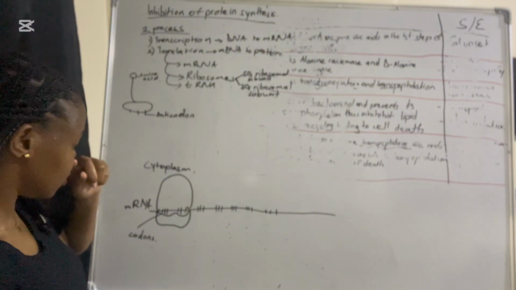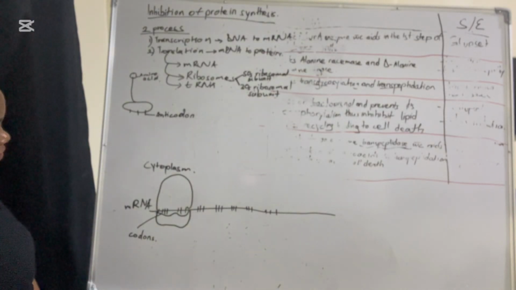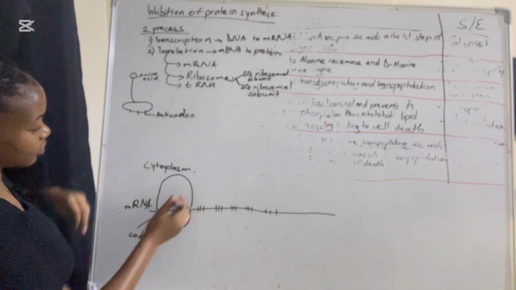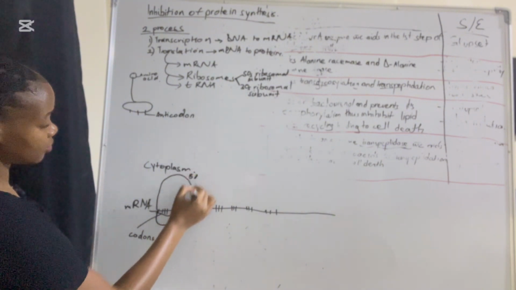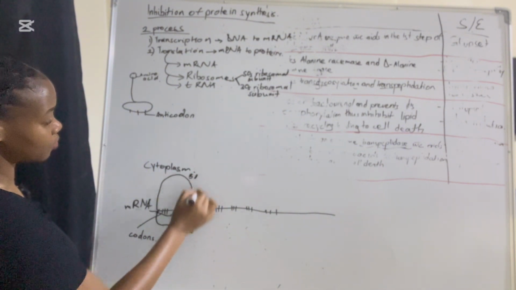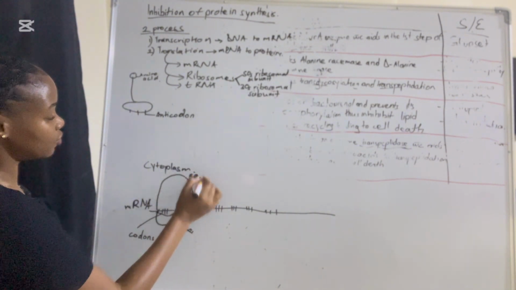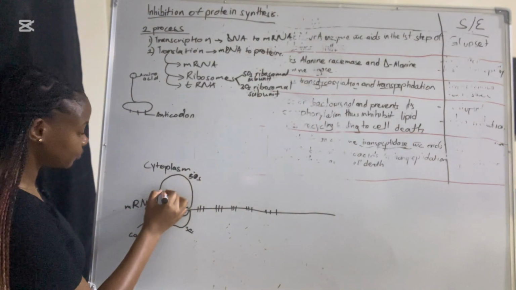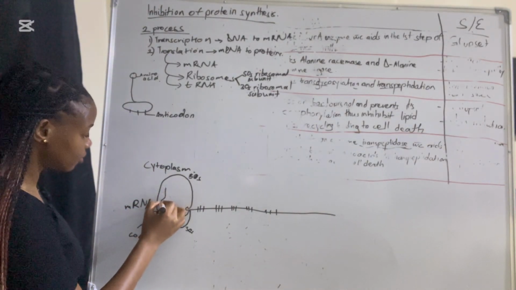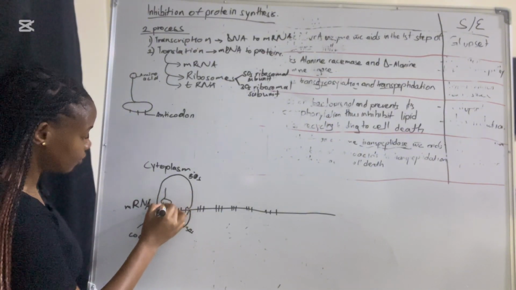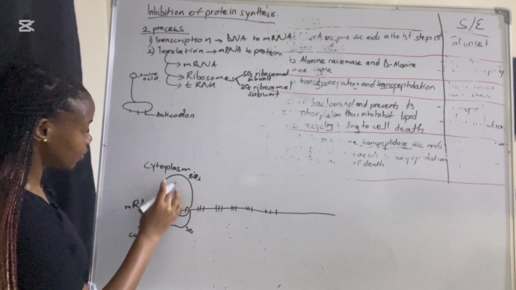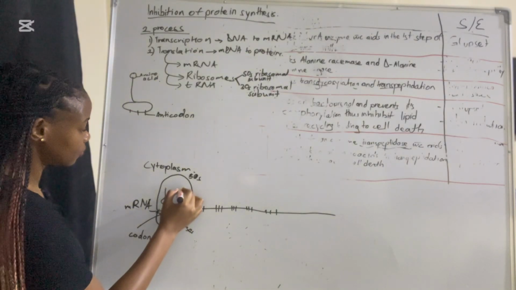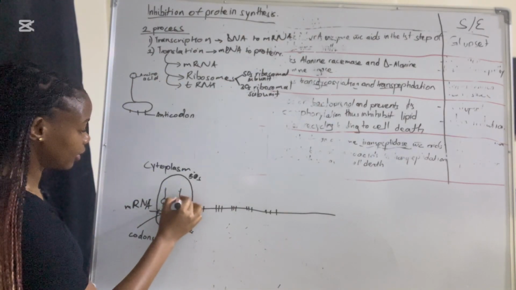So what is going to happen next? Once the 50S and the 30S ribosomal subunits have joined, the transfer RNA is going to come and join onto the 50S ribosomal subunit, like this.